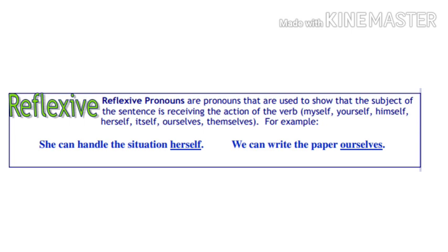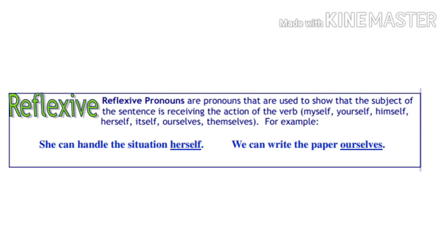Reflexive pronouns are pronouns that are used to show that the subject of the sentence is receiving the action of the verb. In simpler terms, reflexive pronouns are the pronouns that reflect about the activity of subject or noun or pronoun, जो noun और pronoun की activity और directly reflect करे subject पर.